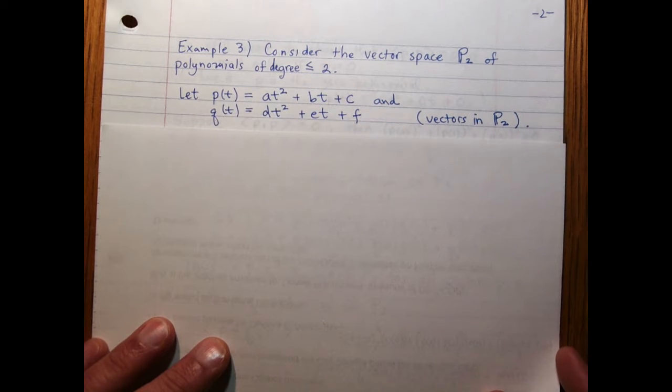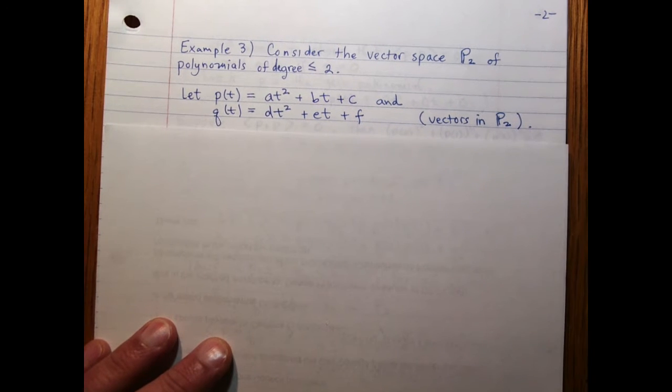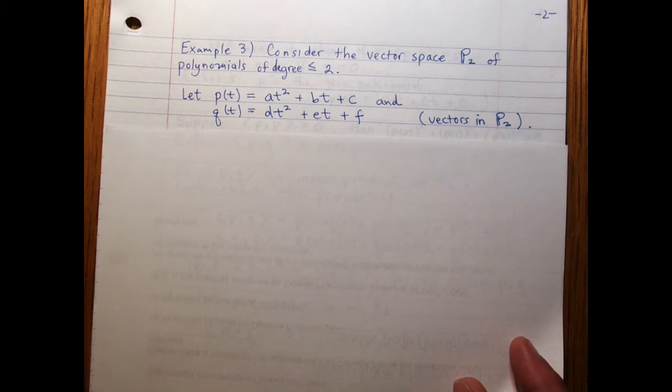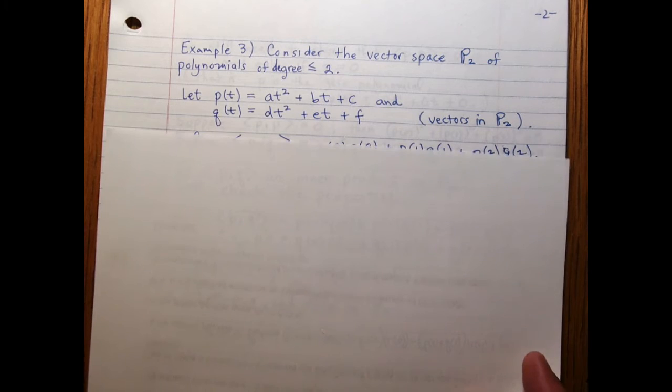When I write P of t equals at squared plus bt plus c, Q of t equals dt squared plus et plus f, I mean that a, b, c, d, e, f are specific real numbers. So I'm just trying to represent elements of P2 in general, but for a specific element of P2, those coefficients are going to have to be actual real numbers.